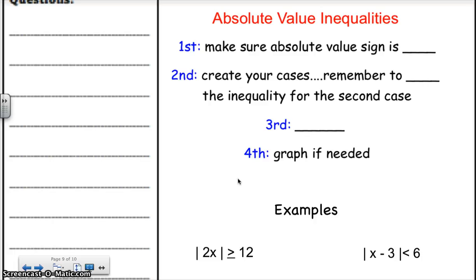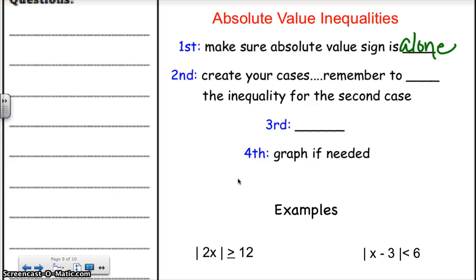First thing, make sure the absolute value sign is, what do you think? Alone. Just like what we did yesterday. The first thing we want to do is make sure the absolute value sign is alone. You cannot make any kind of cases unless the absolute value sign is alone.